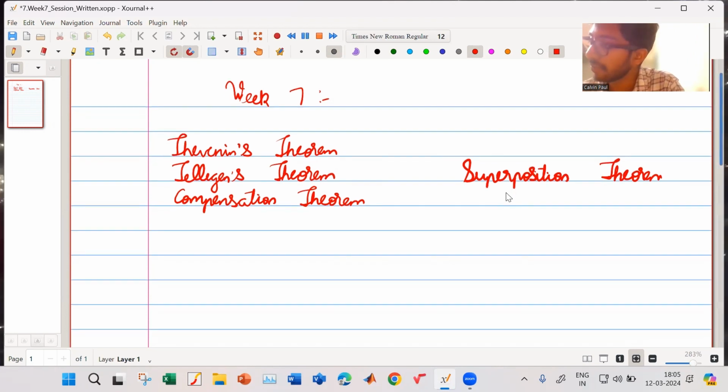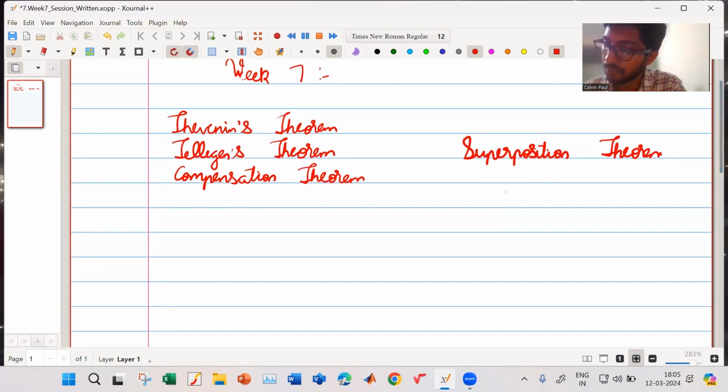Can anyone tell me what is the superposition theorem? For any linear bilateral network, we consider only one source and remove the other sources, keeping their internal resistances or impedances. Then by applying the superposition principle, we find the algebraic sum of the currents due to individual sources.